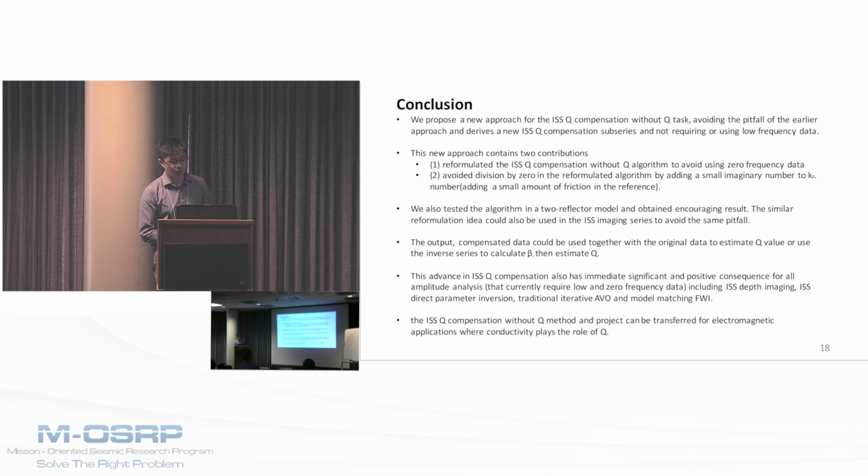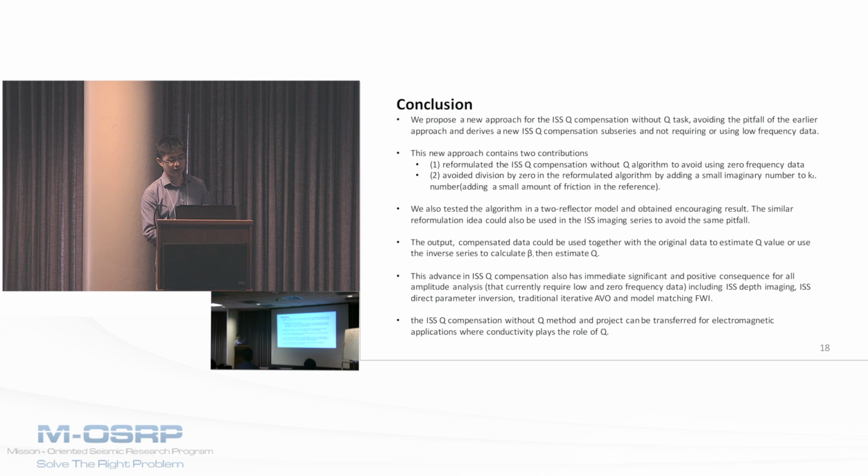So in this work, we reformulated the previous ISS Q compensation without Q algorithm. After reformulation, the new algorithm doesn't require low or zero frequency data. This new approach contains two contributions. First, we reformulated the previous algorithm from the kz theta domain to the kz kx domain.